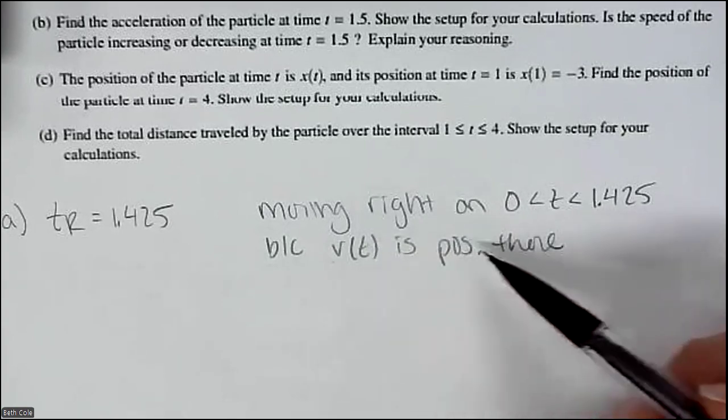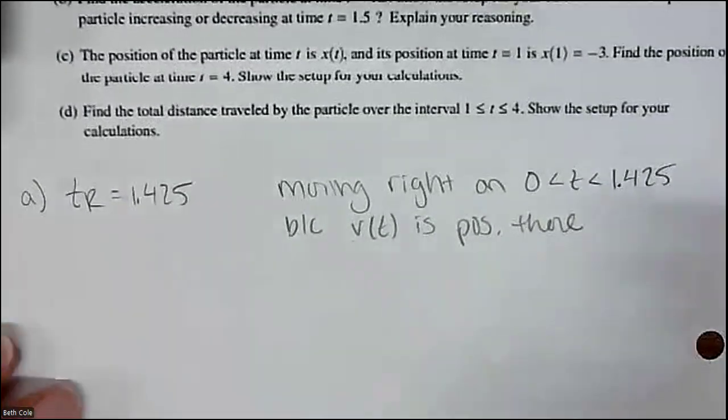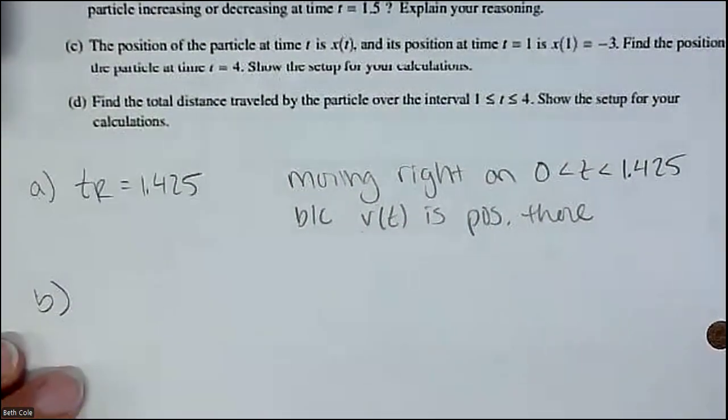If you didn't say velocity is, what did you say? Well, first off, we got that T or that R with T. That's fine. They're not going to take off. Particle is moving right at time T equals T. Yeah, so you changed it from an interval to a specific point, so they will not give that to you. But give yourself 1 out of 2, and we'll move on to the next one.